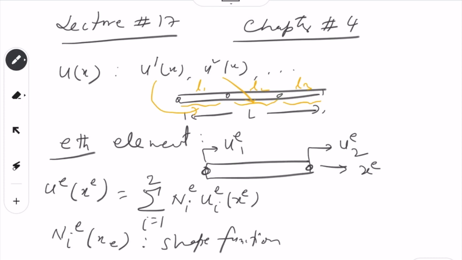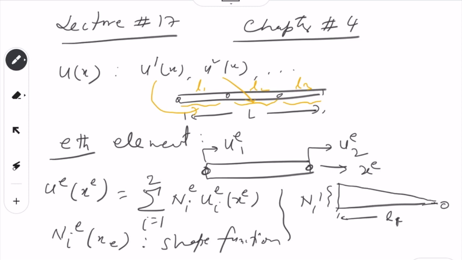We have seen in the last lecture video that N1 goes like this, with value 1 here and 0 at L1.